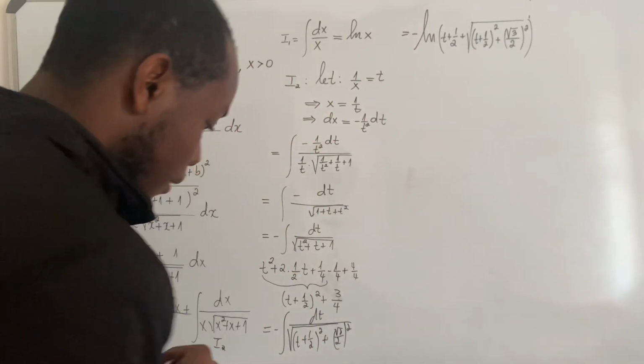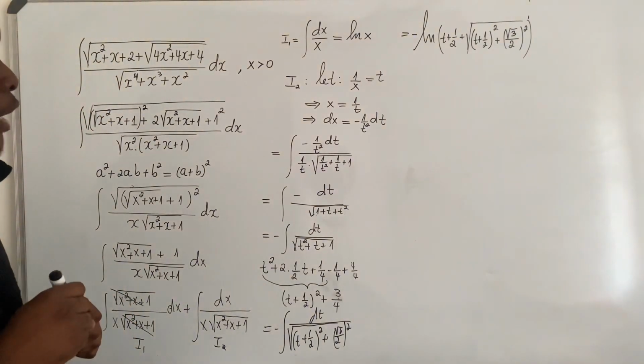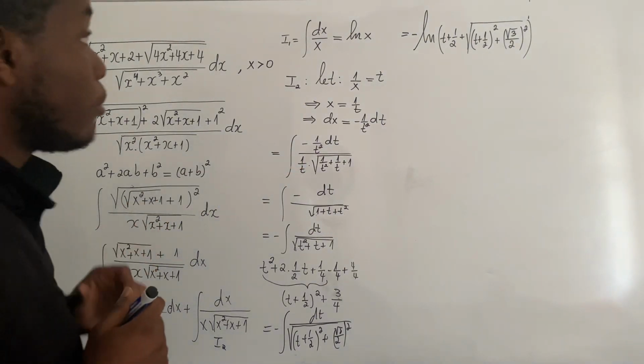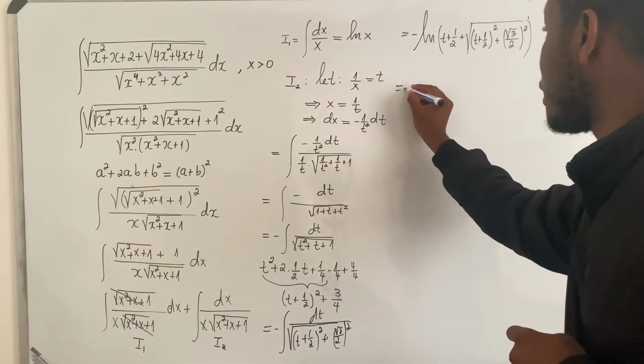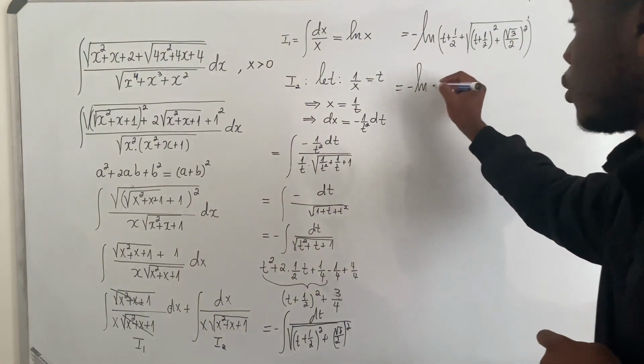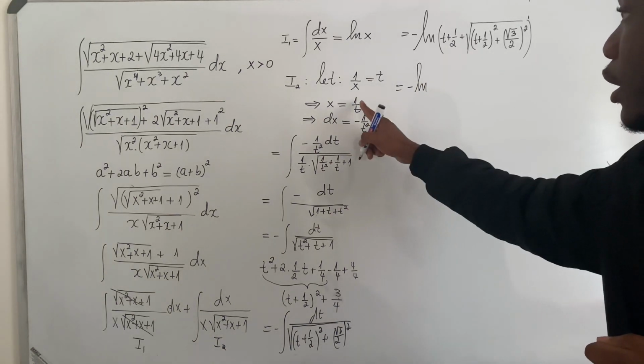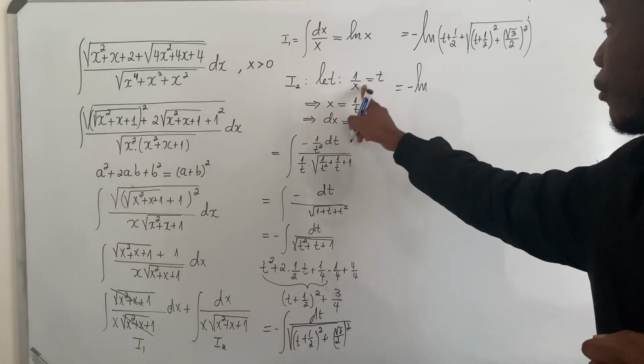Now, we were not given our problem with respect to t, so we have to substitute back. So we have minus ln. What is the value of t? The value of t is 1 over x.